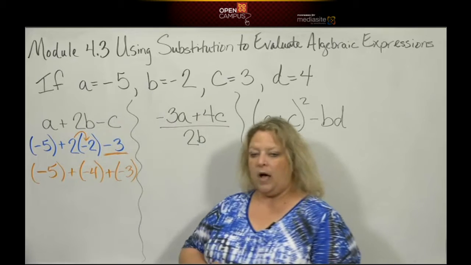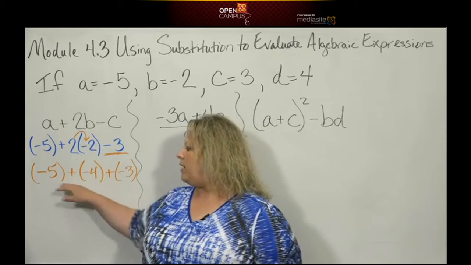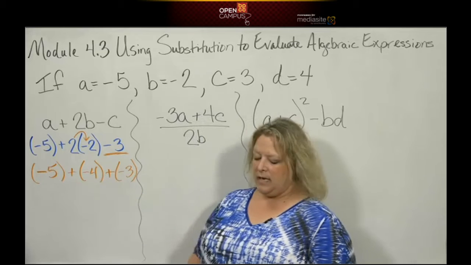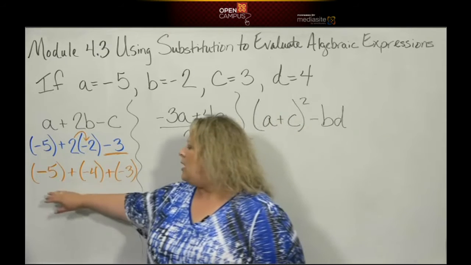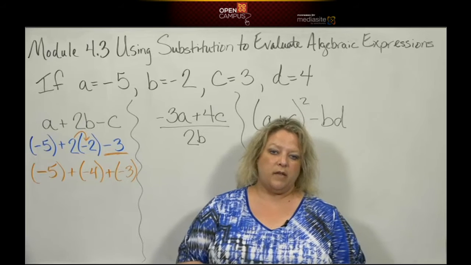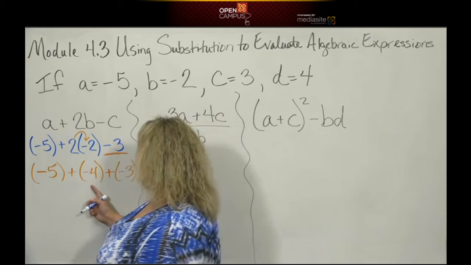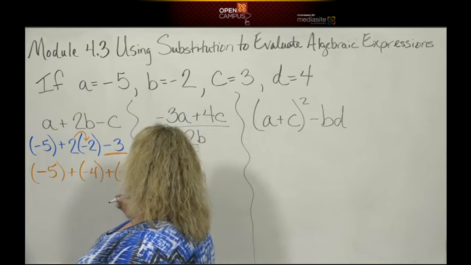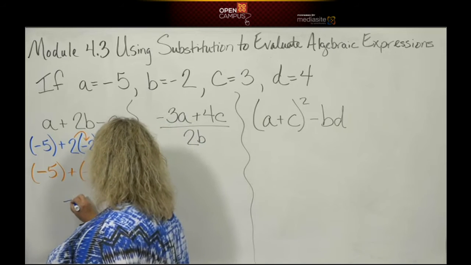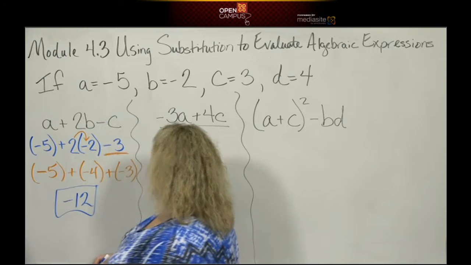So therefore now, if I look at this, I have a -5 plus a -4, and then plus a -3. All three of these now have the same sign. They're all negative. So what can I do with that? If they're all negative, what do we do? Add them. So 5 plus 4 is 9, and then 9 plus 3 makes 12. So the answer is -12. That is my final answer for this one.